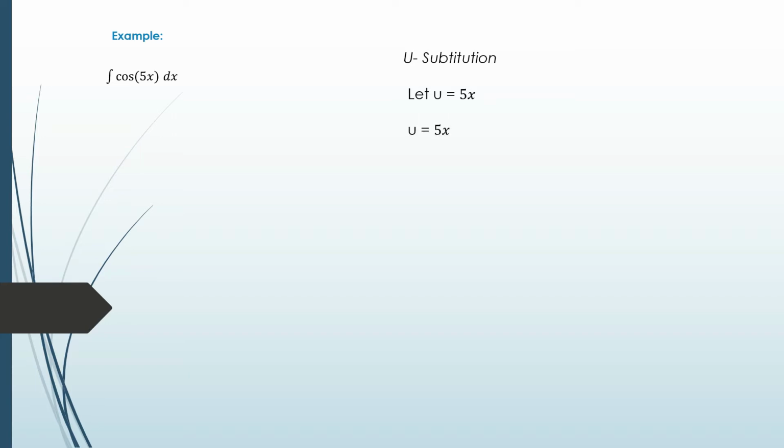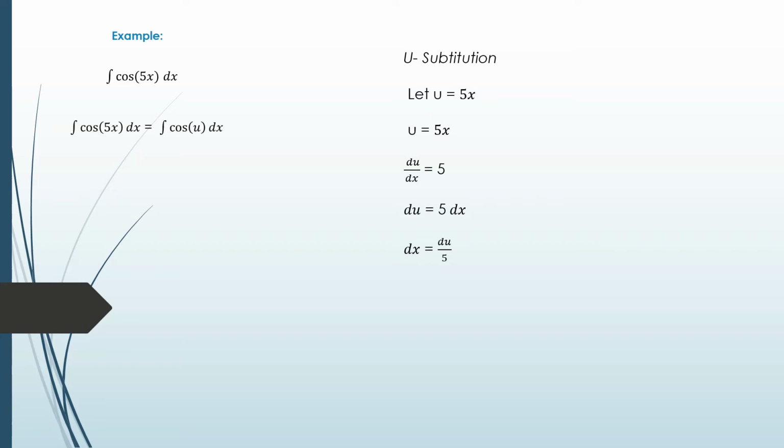Next step, kita perlu cari nilai dx. So kita perlu differentiate nilai 5x untuk dapatkan nilai dx. So du over dx is equal to 5, du is equal to 5 dx. So dx is equal to du over 5.